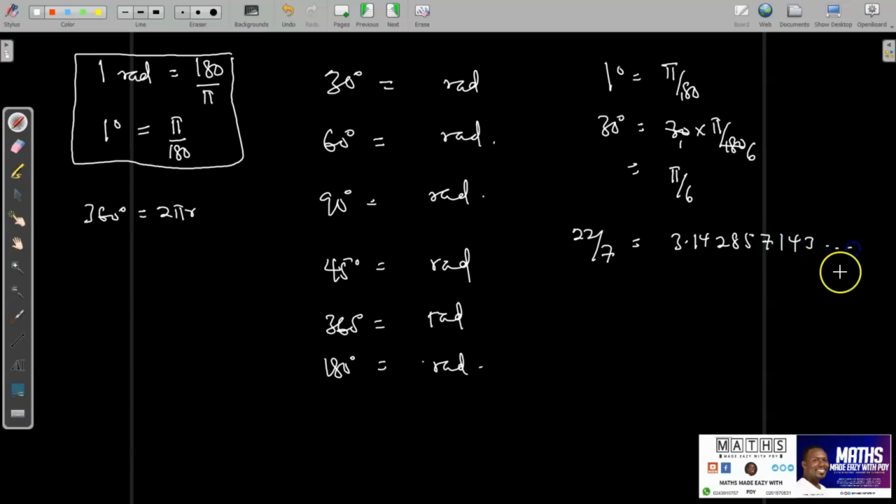Now it goes on and on, but because your calculator can only display 10 digits, it's limited. When you use a laptop to do that, it will give you more. Now for the pi on the calculator, just press shift and that pi and press equal to and send it to SD.